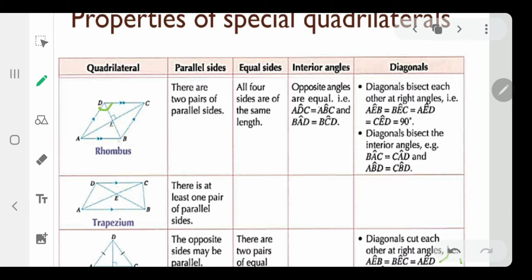This is an interior angle, this is an interior angle. They are equal, right? So diagonals bisect each other. Diagonals bisect each other at right angle. So we have one diagonal here, that is AC.